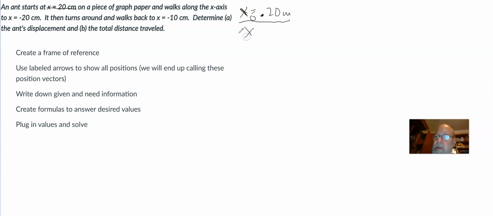And this next position here, we're going to call x1. And that's going to be at negative 0.20 meters. And then my next position, I'm going to be at x2 equals negative 0.10 meters.